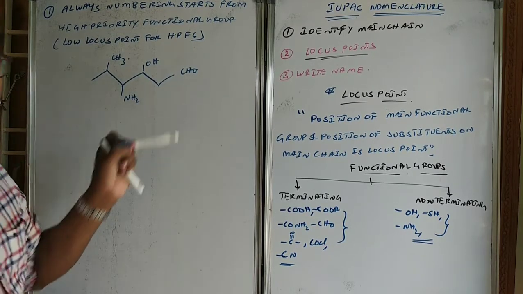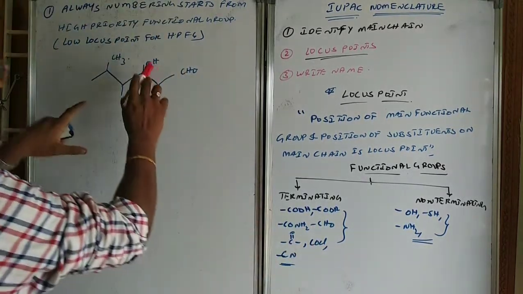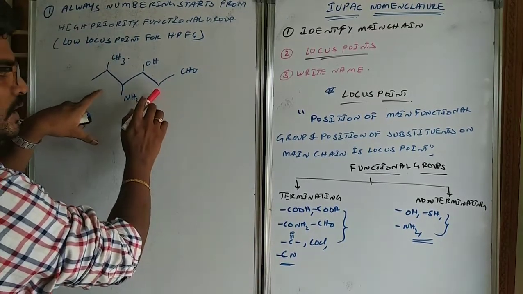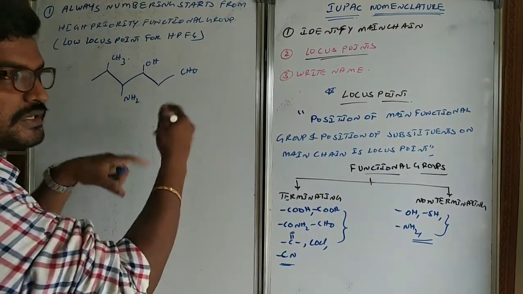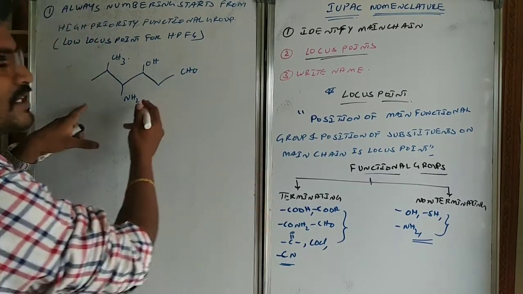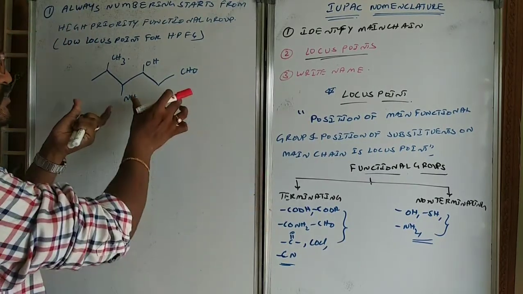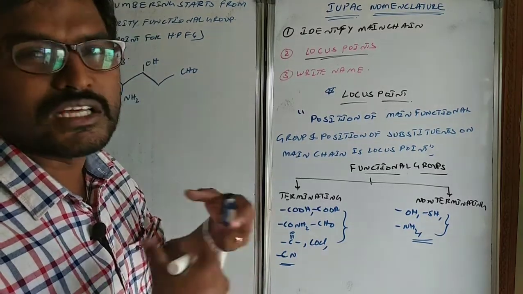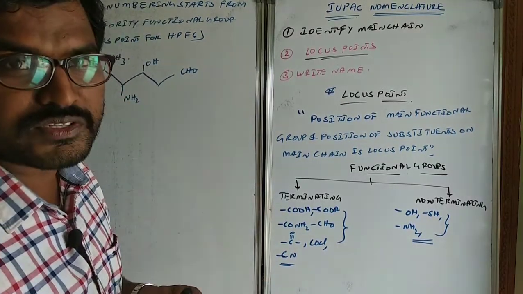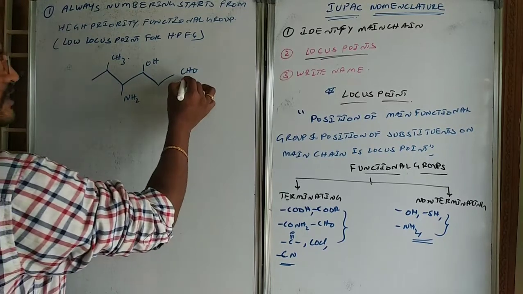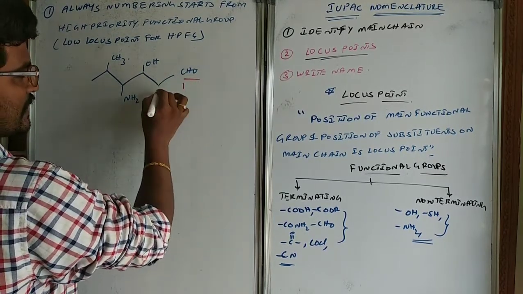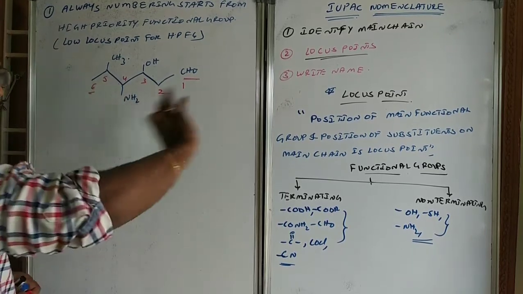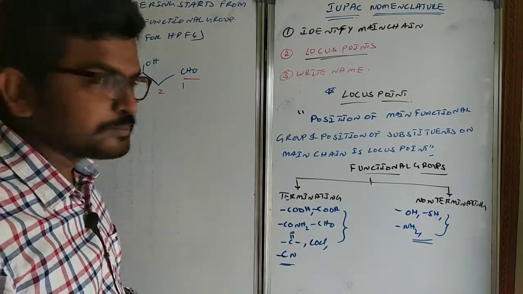We know very well that among all the functional groups, I have explained already how to draw the bond line structures. Mainly while doing this IUPAC nomenclature, I prefer to do this bond line structure. Then it will be very easy for you and it will save your time. So that's why I prefer this. So the high priority functional group is this one. So 1, 2, 3, 4, 5, 6. Others and all we don't bother about.